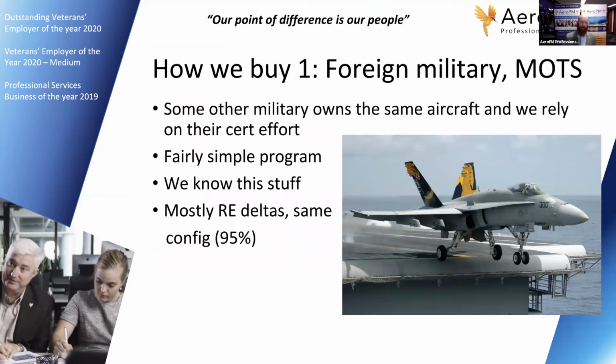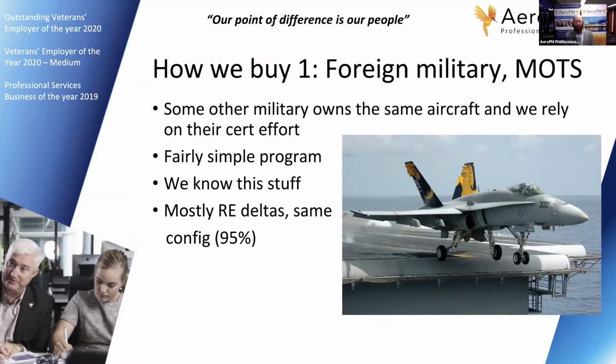Okay, so in the ADF, we buy aircraft a number of ways. So I'm going to list out 3 key ways here, with the lens of building a type from buying those aircraft. As you see, the picture here is a classic example of a military-only aircraft.